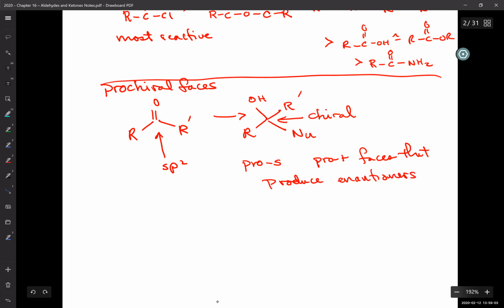And generally speaking, the accessibility is exactly the same unless it's blocked by something. So you can create a molecule where it's blocked by something and then it doesn't always give you R or always give you S in equal amounts, okay?